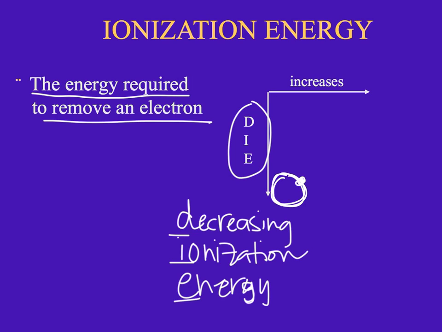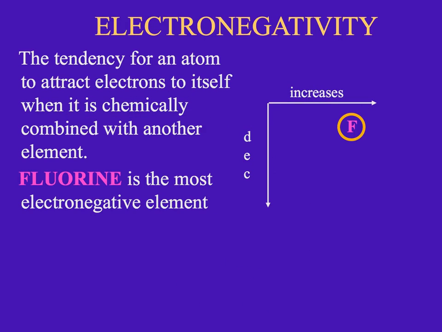Whereas as you move across the periodic table, it's very small in size, which means it's very attracted to the nucleus. It's going to be a lot harder to remove that outer electron. It doesn't want to leave. Okay, because it's very drawn in to the nucleus, very attracted to the nucleus. All right, so ionization energy is the opposite of size.